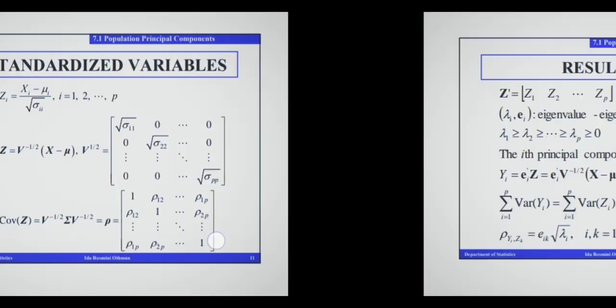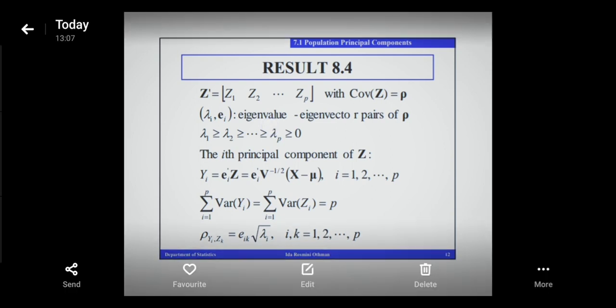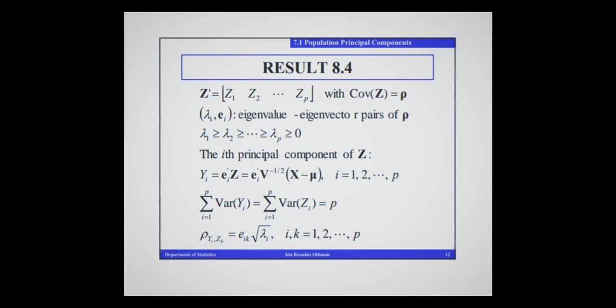Okay, so let's see how we find the principal components using the standardized variables. The method is equal. The only difference is that we obtain the eigenvalue and eigenvector from the correlation matrix. Before this, we obtained the eigenvalue lambda and the normalized eigenvector E from the variance covariance matrix big sigma, right?